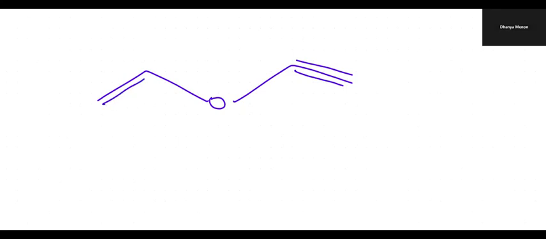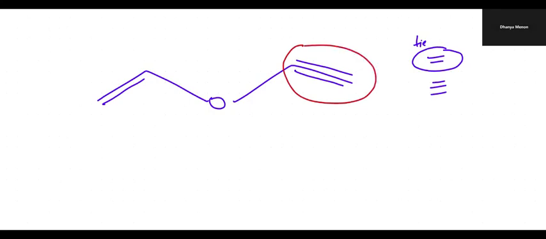So whenever there is a tie between a double and a triple bond, definitely the priority will be for the double bond. Please remember, this is only for those conditions whenever there is a tie. Otherwise both are of equal preference. So definitely here the triple bond will become the less preferential chain because there's a tie between a double and a triple bond.